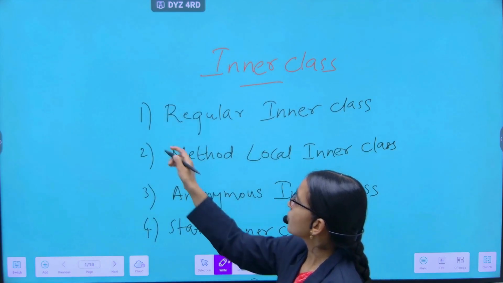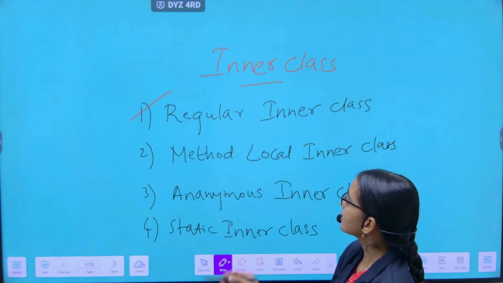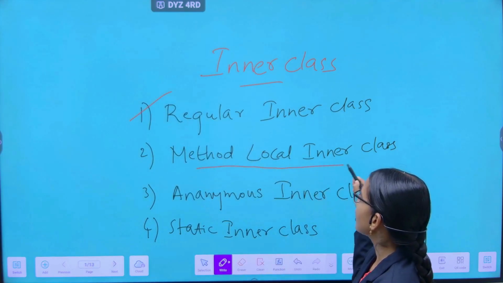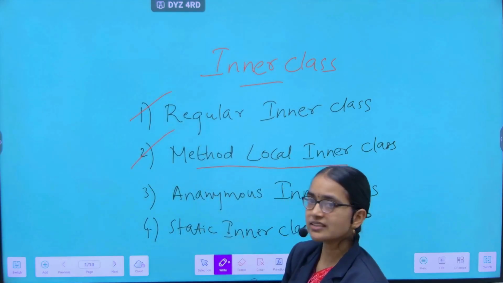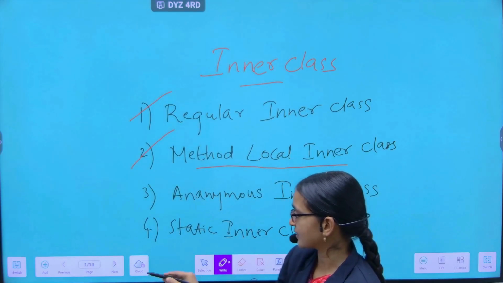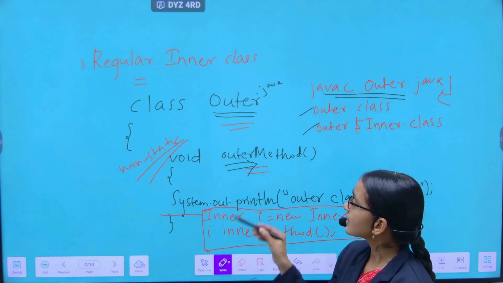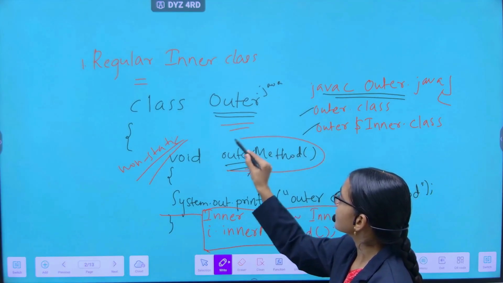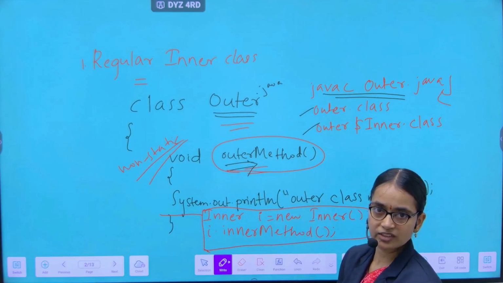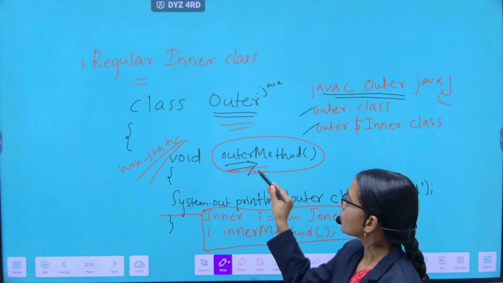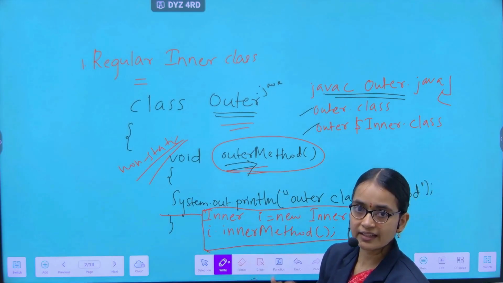So this first portion is completed. Then coming to the second implementation, method local inner class. So what is this method local inner class? The name itself is telling that inside the outer class method, see, this is your outer class method. In this, we have to create an inner class.